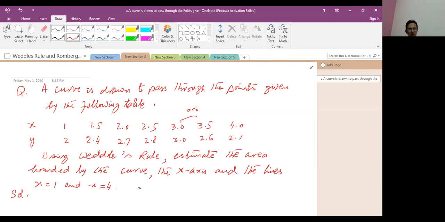So it means the integral from x equals 1 to 4 of y dx will be determined with the help of Weddle's rule.